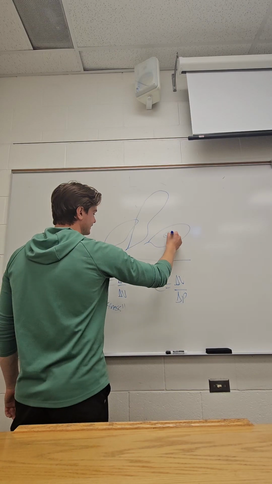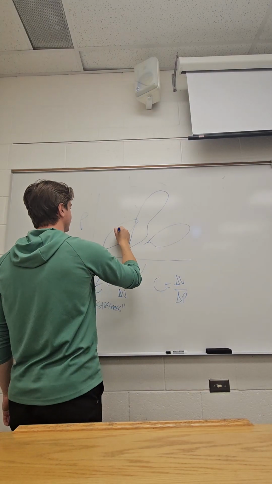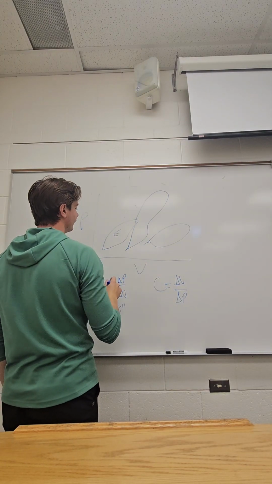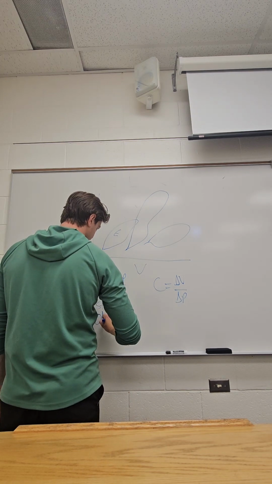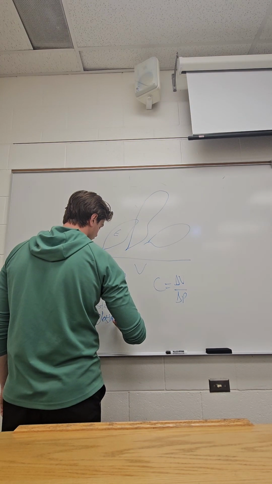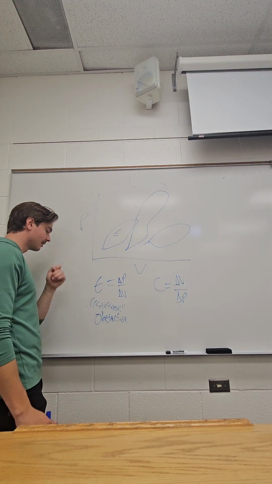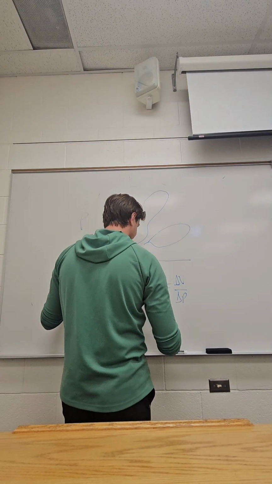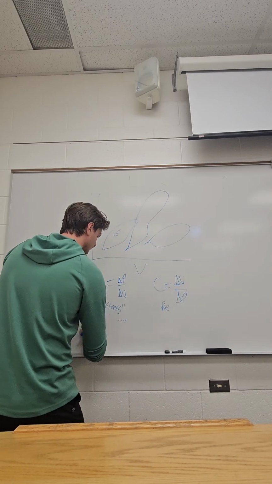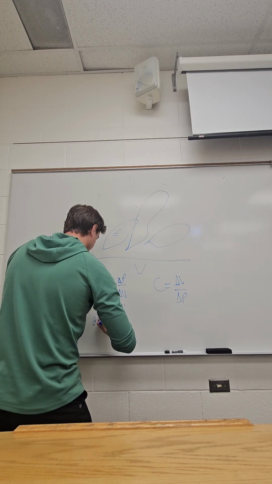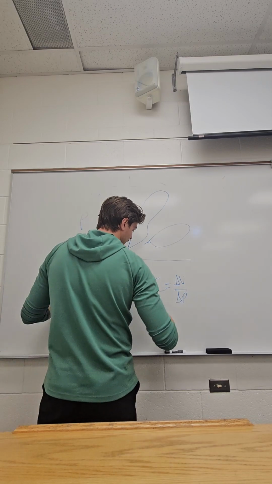So this would be elastance, because look how much pressure we have to exert, and we only get a certain amount of volume. This is restrictive. And this is obstructive. It's like COPD.